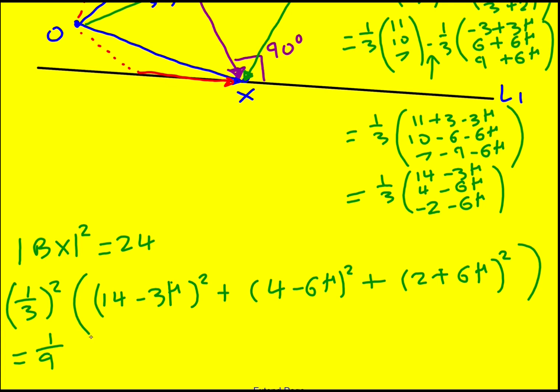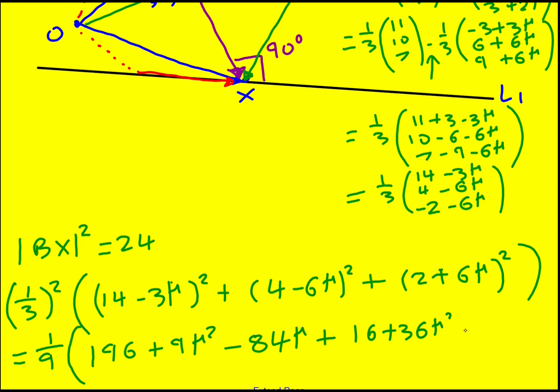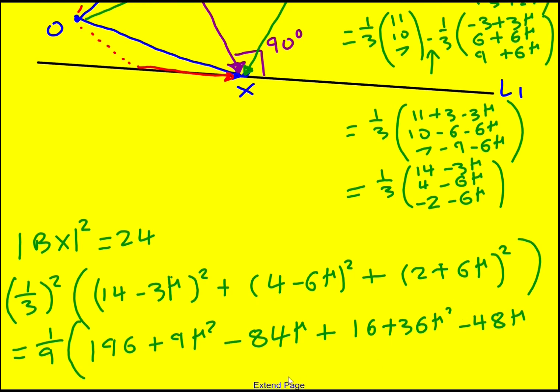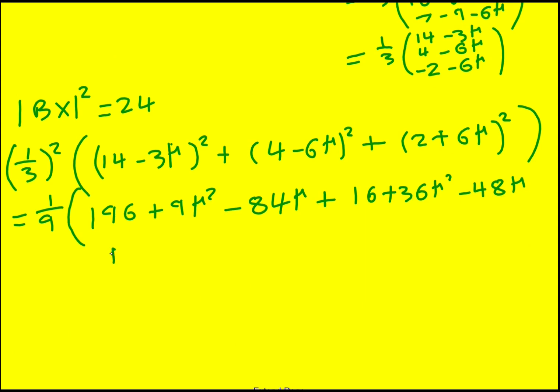That's going to be 1 over 9. Right, let's do this. 196 plus 9 mu squared minus 14 times 3 is 42. So I'm going to get 84 mu plus 16 plus 36 mu squared minus 24 twice, and minus 48 mu, then plus 4 plus 36 mu squared plus 12 mu plus 12 mu, so 24 mu.